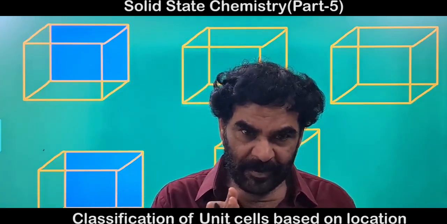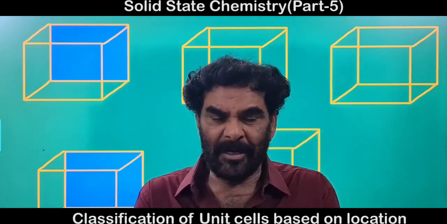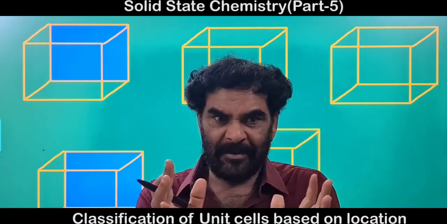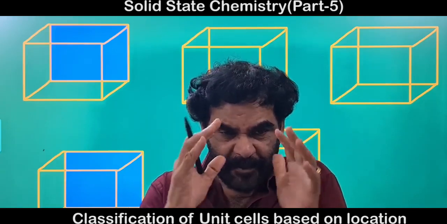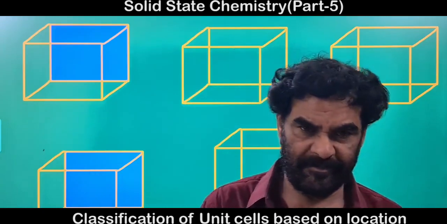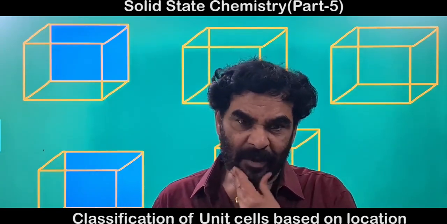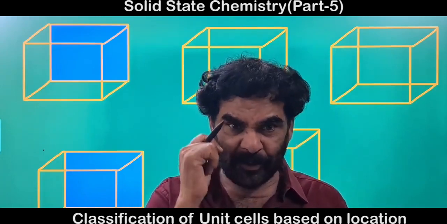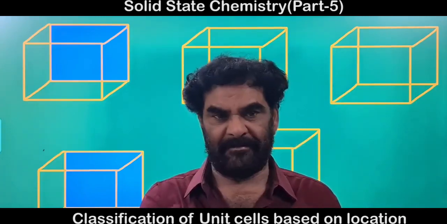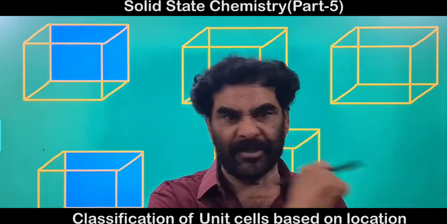Now, the unit cell is formed due to the three-dimensional arrangement of the lattice points. These lattice points in the unit cell can be present at different locations.